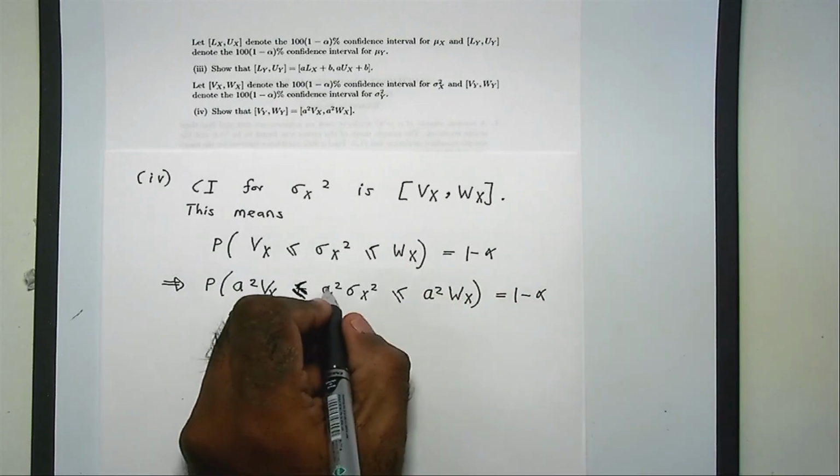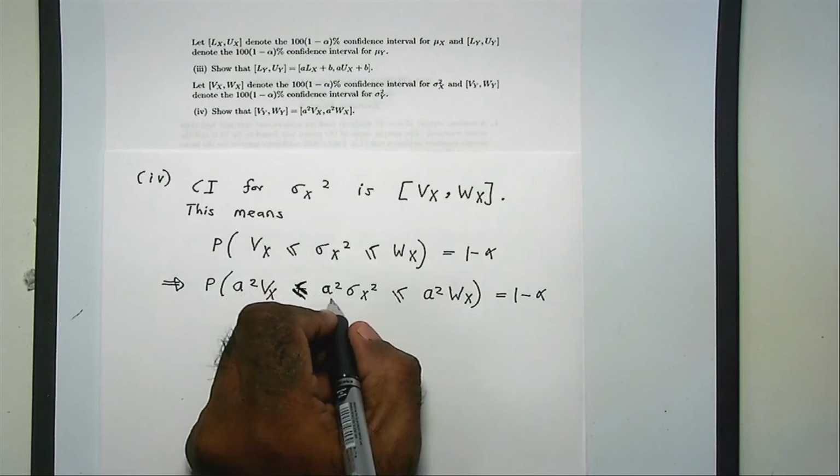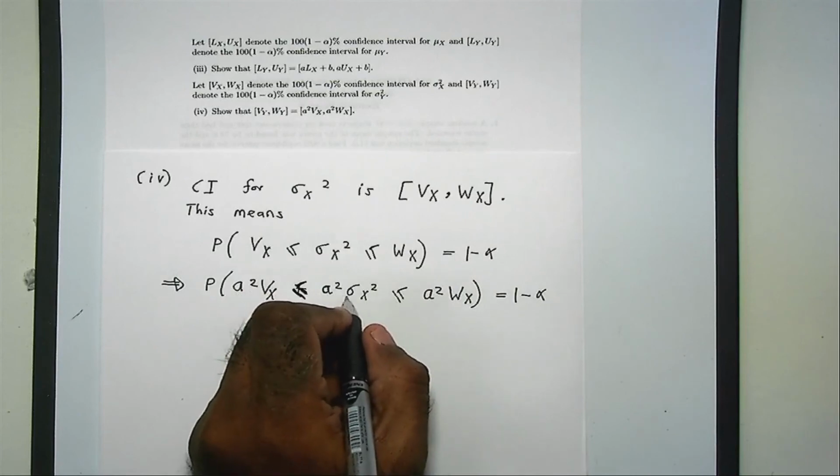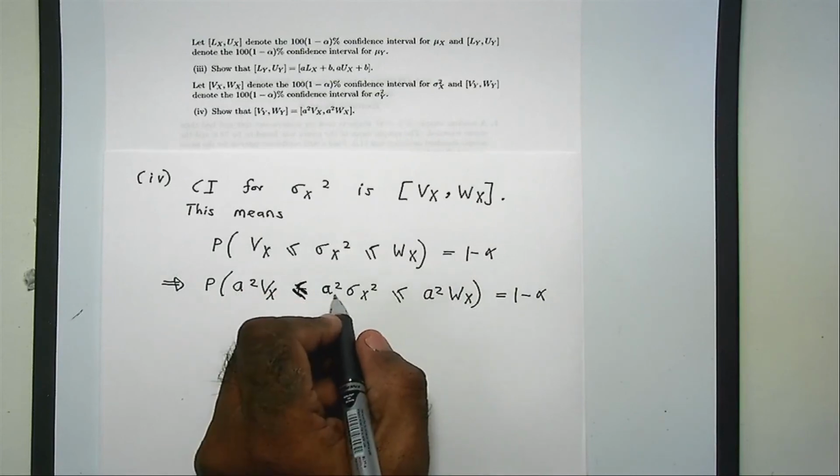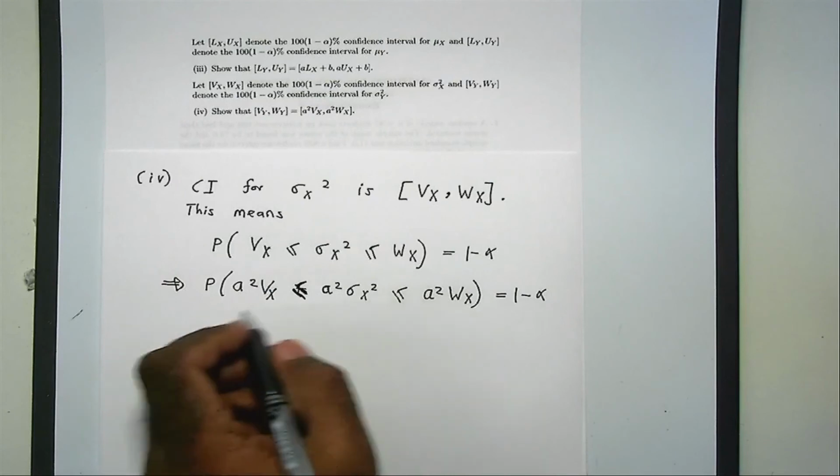Now this guy here, from the first part of this question, we know that a squared times sigma x squared is sigma y squared.